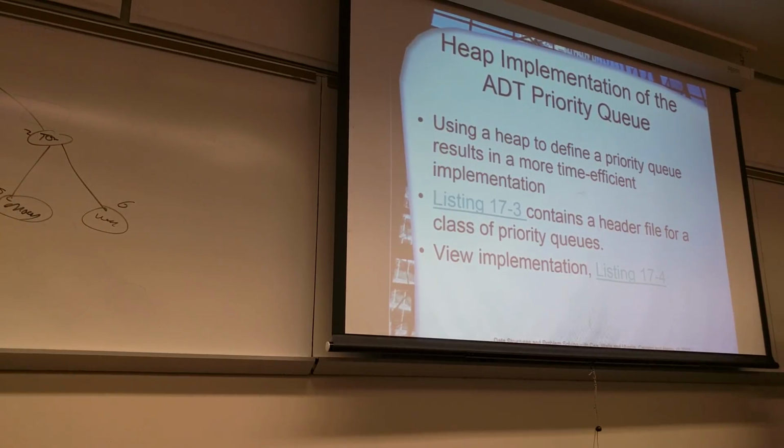I can insert stuff in, and whatever I insert in, we know the most important thing will end up floating to the top. And when I want to remove from my priority queue, I just take the root off of the heap. So a heap makes a very simple implementation for a priority queue. I mean, there's really nothing extra to do. And again, using our array-based implementation or representation for the heap, it makes this whole thing relatively simple.